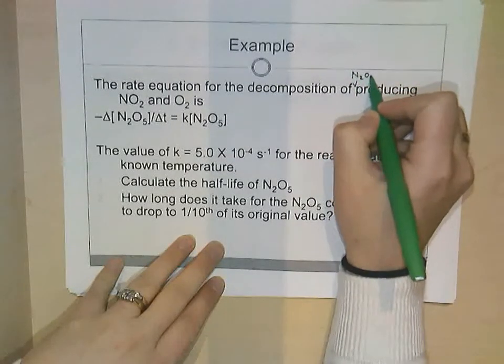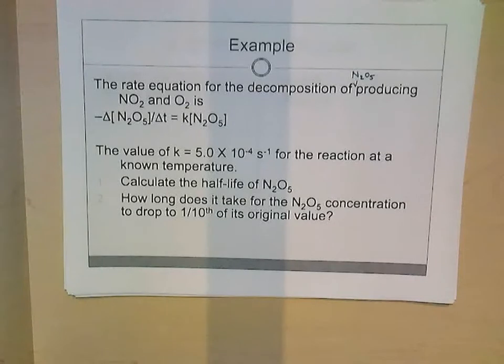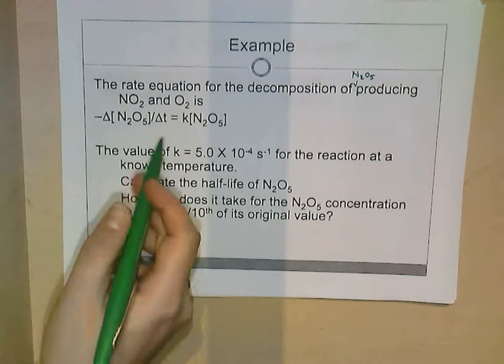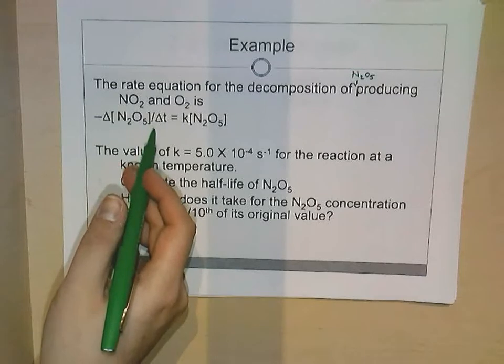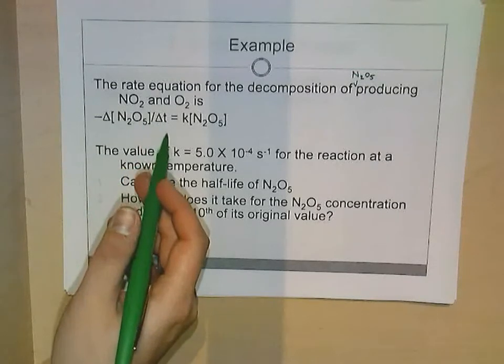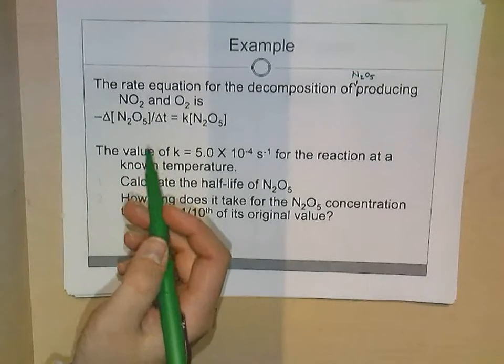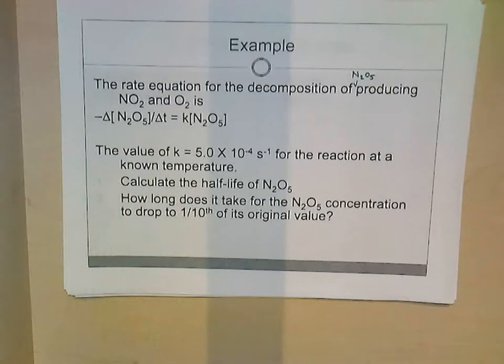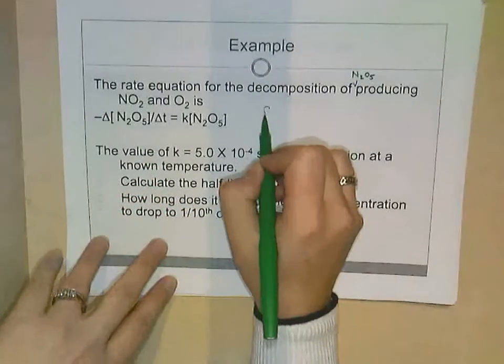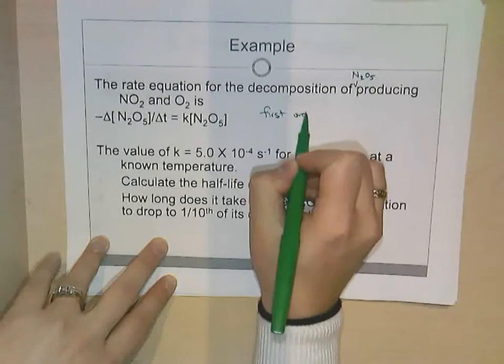So the rate equation for the decomposition of N2O5 producing nitrogen dioxide and oxygen gas is this. So what order reaction is this? First, because we just did a first order practice problem, so this is still first order. All right, we know the value of k.